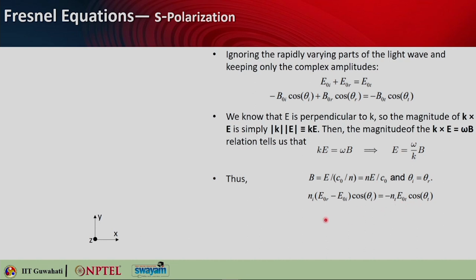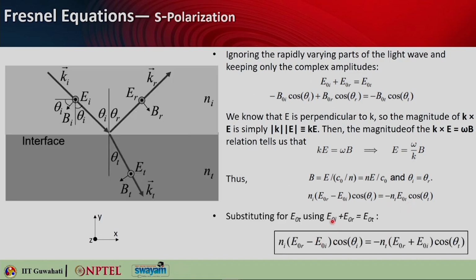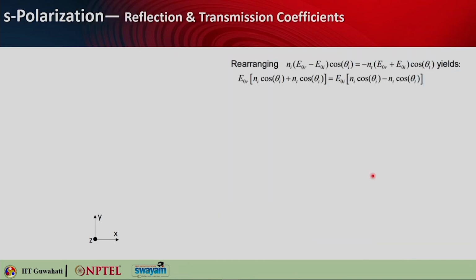So finally you see you have got everything in terms of the electric field. Now you can substitute E0T using E0I plus E0R from the first equation, and once you do that, you get everything in terms of E0I and E0R. So E0T is also removed, okay. So this is the thing.